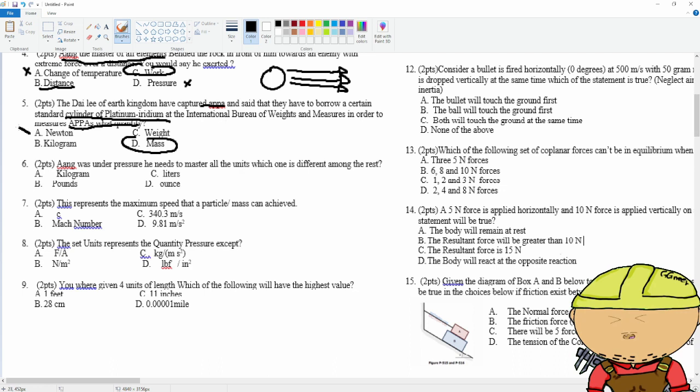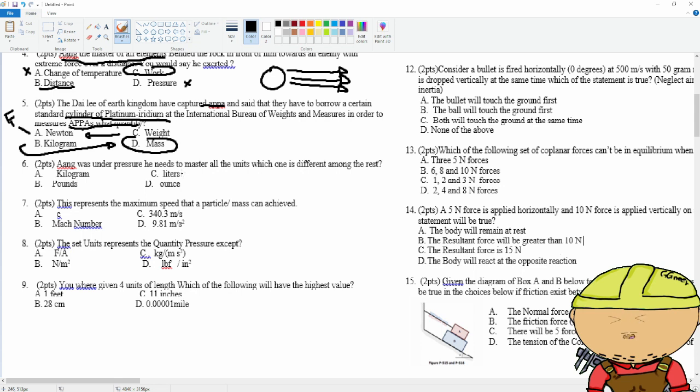Newton is a force, plus we don't have the definition. Force is mass times acceleration. Kilogram is a unit of mass. Okay. Weight is another force going downward, right? So the definition for mass is this one: the cylinder platinum iridium at the International Bureau of Weights and Measures.